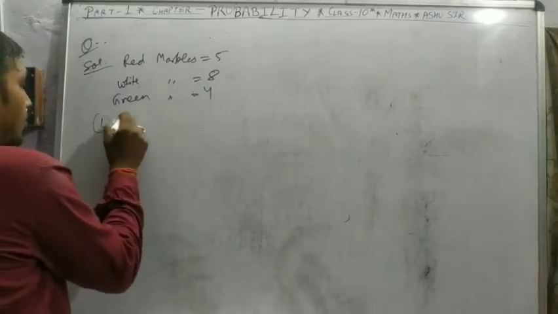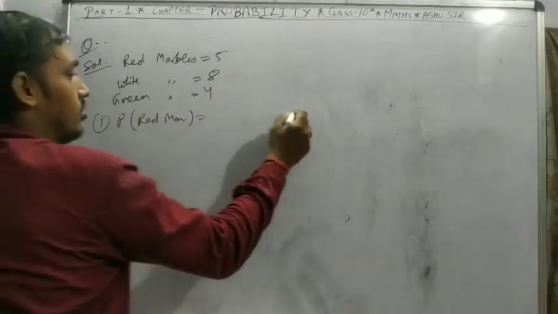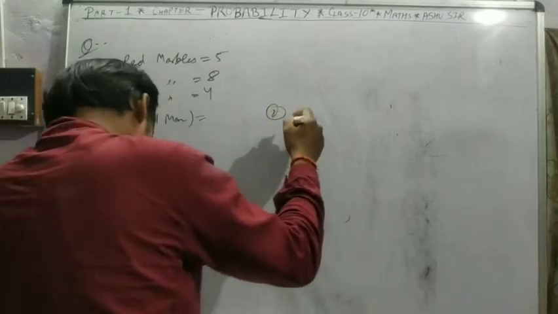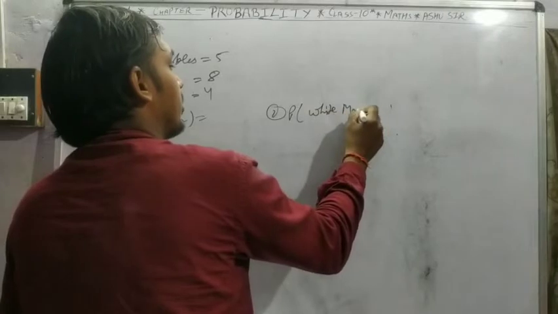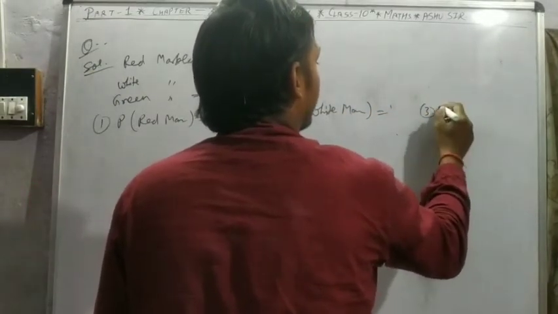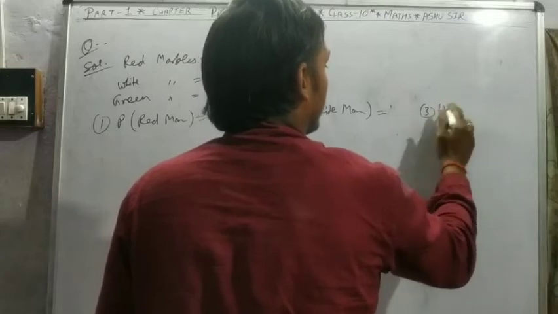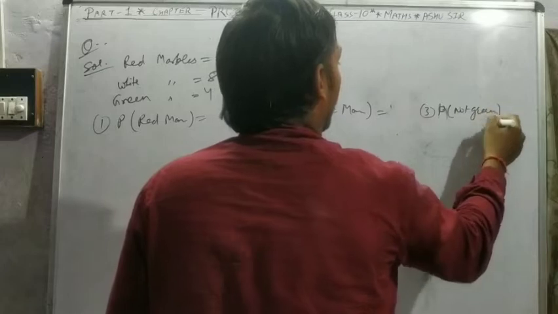First, the probability of red marbles. Second, the probability of white marbles. Third, the probability of not green.